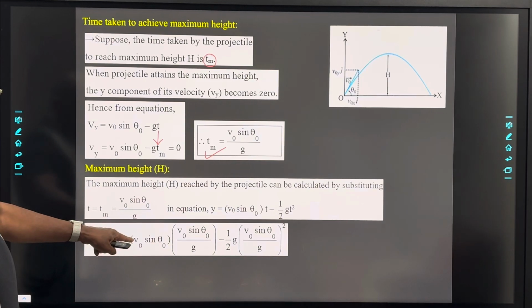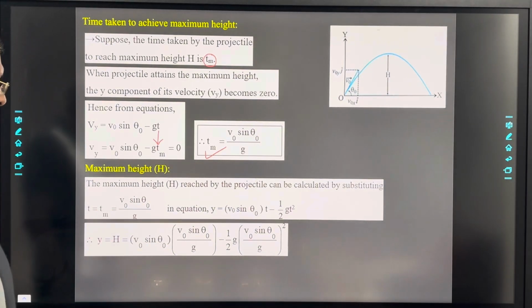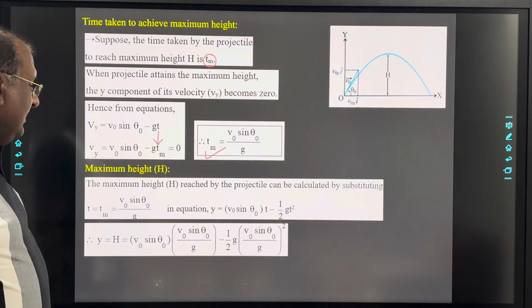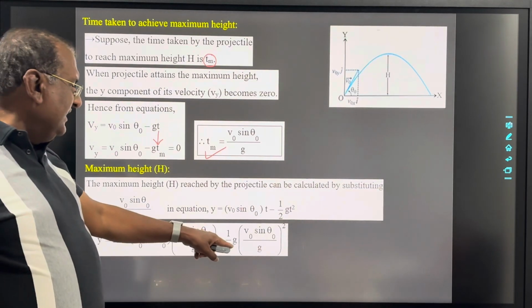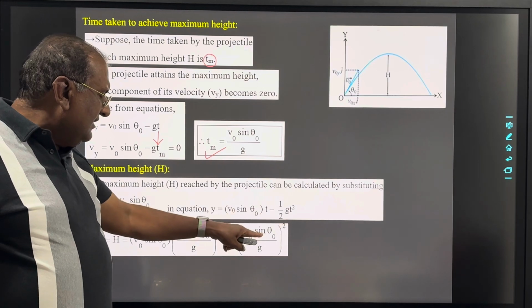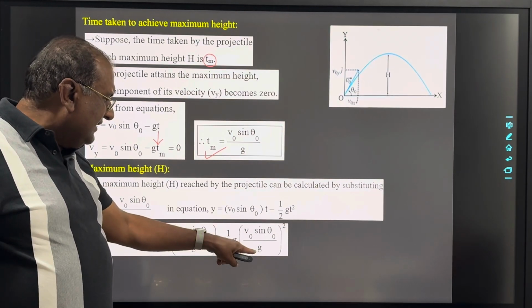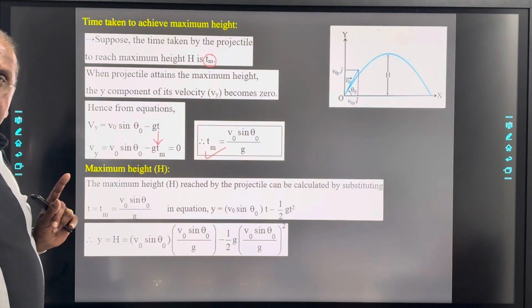h equal to V0 sin theta0 into V0 sin theta0, that is V0 square sin square theta0 by g. Okay. Similarly here, V0 square sin square theta0 by g square. But this g square and g will give you g in the denominator.